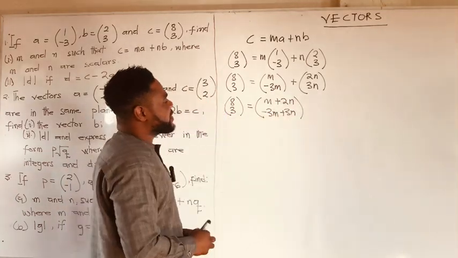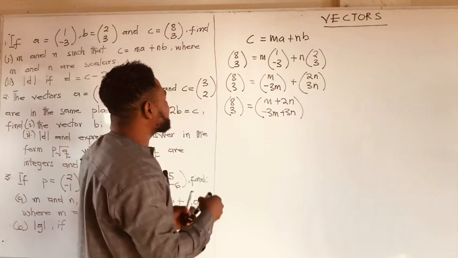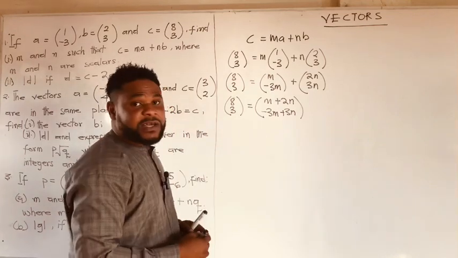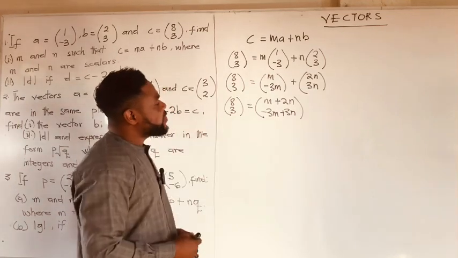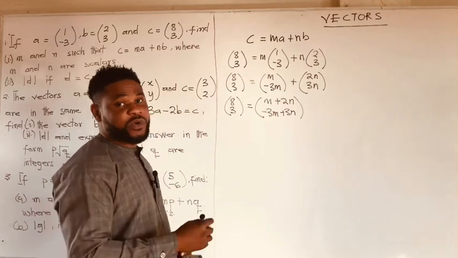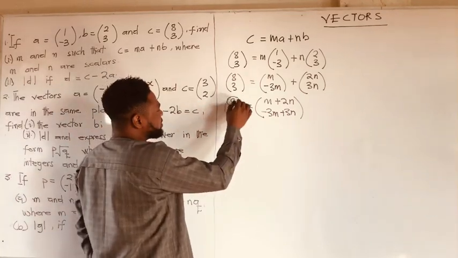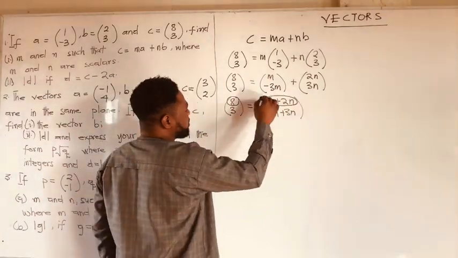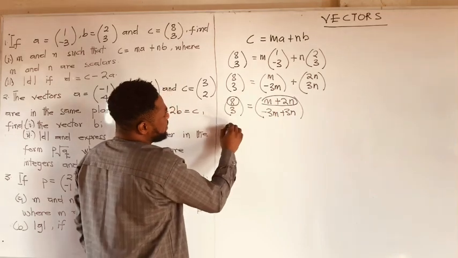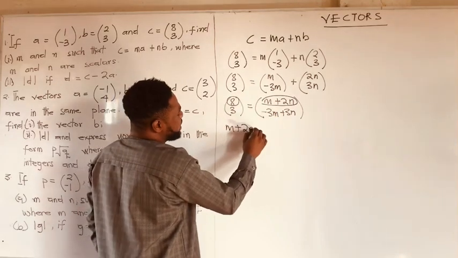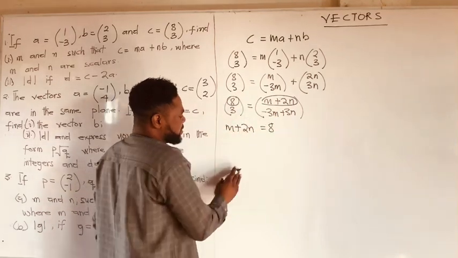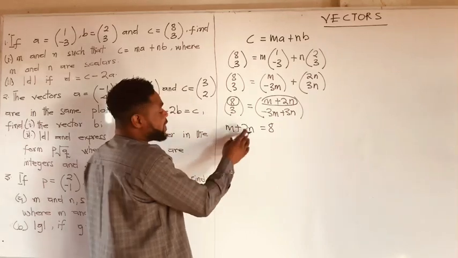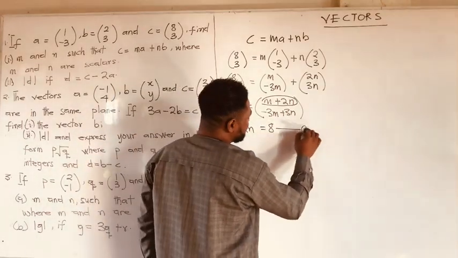Now, what can we say here? We can see that the vector on the left-hand side is equal to the vector on the right-hand side. So we are going to equate them, where this corresponds to this. So we say M plus 2N equals 8. Since we are looking for M and N, we name it equation 1.